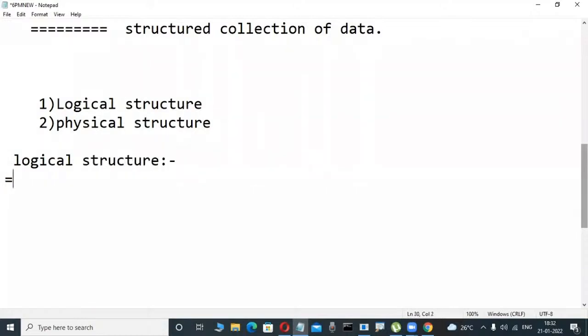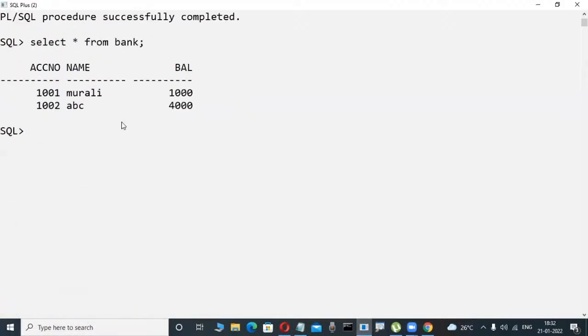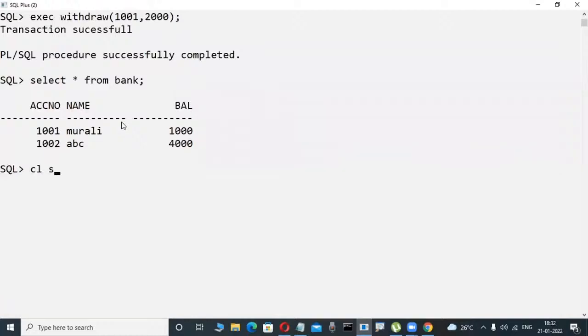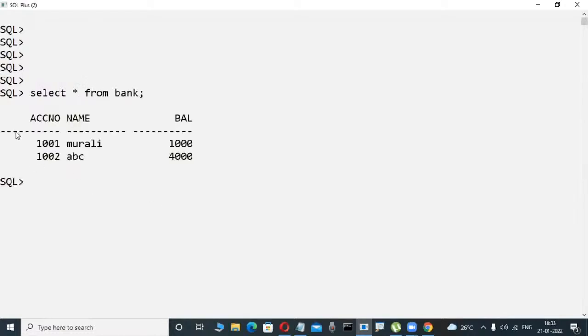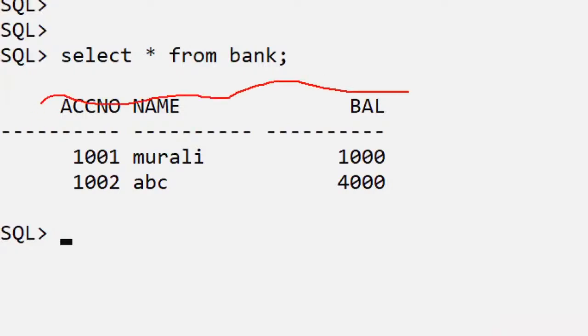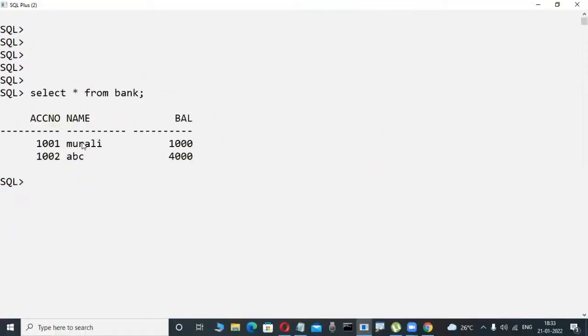Now observe it here. Suppose today I'm installing Oracle, for example. In this Oracle, I try to create a table. Maybe bank is a table. These tables I already created in another class. How am I creating it? Some syntax is there, SQL language is there.